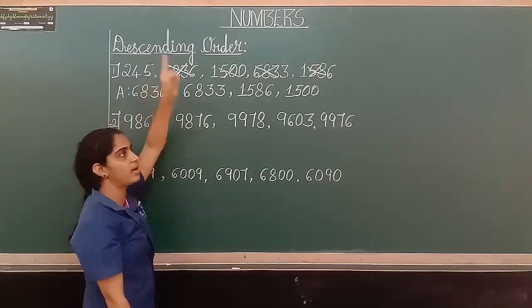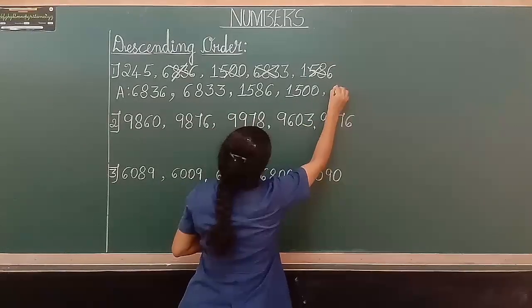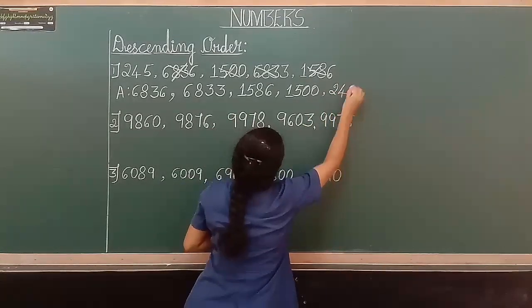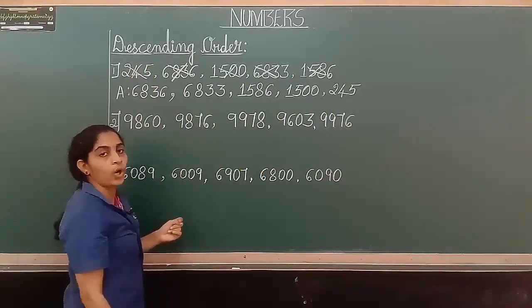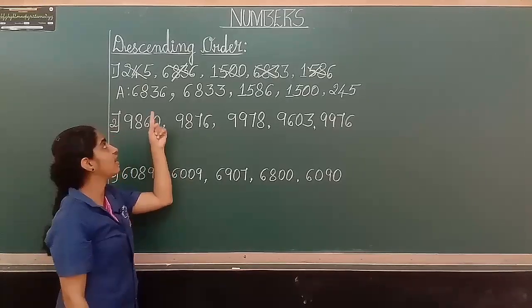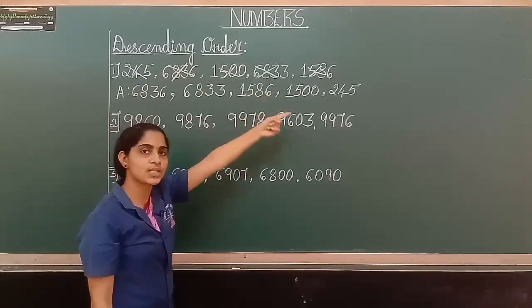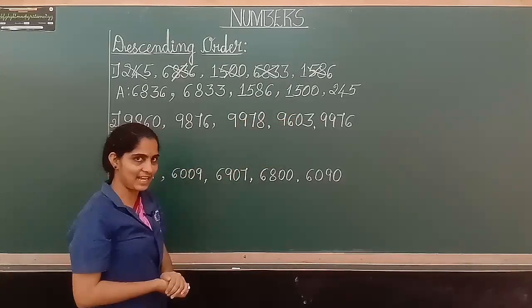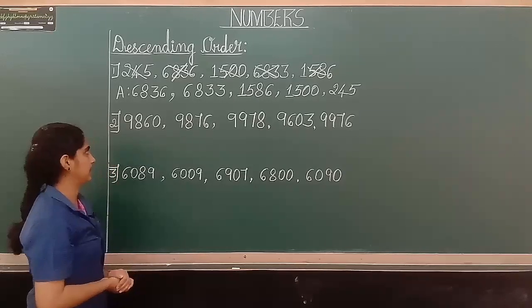So this number we have to write at the end. So if you observe the order here, we have arranged the numbers from greater to smaller. Is it clear? Good.